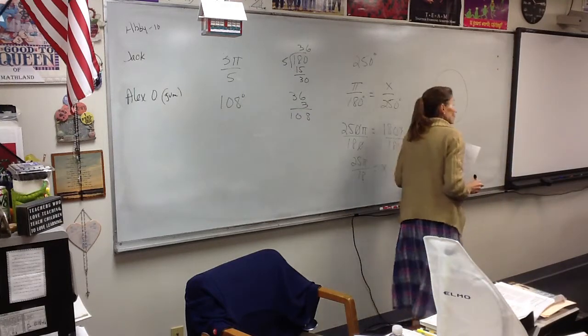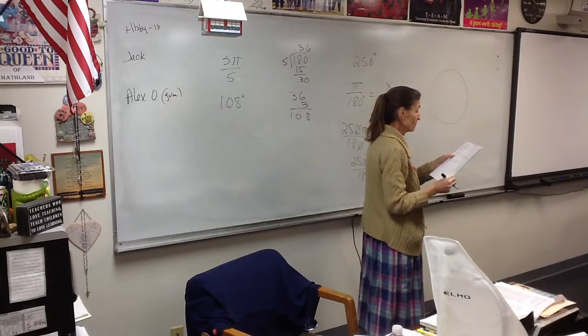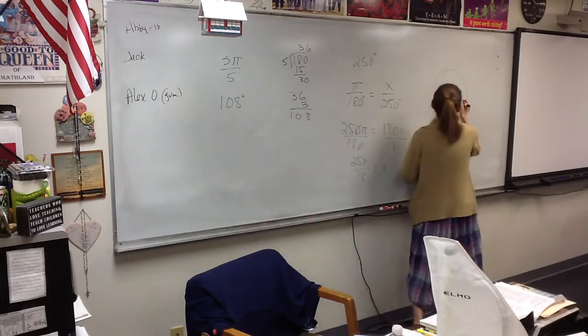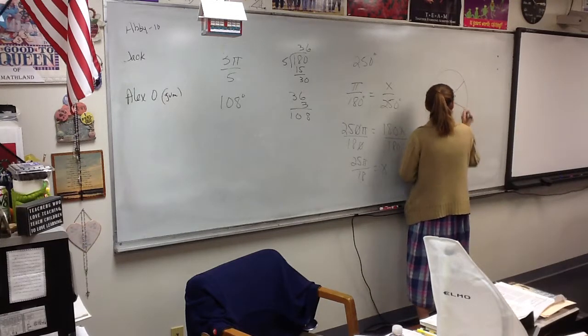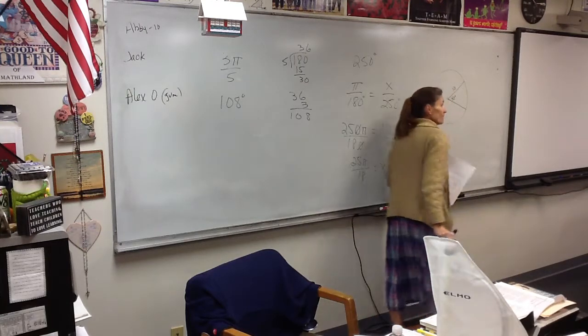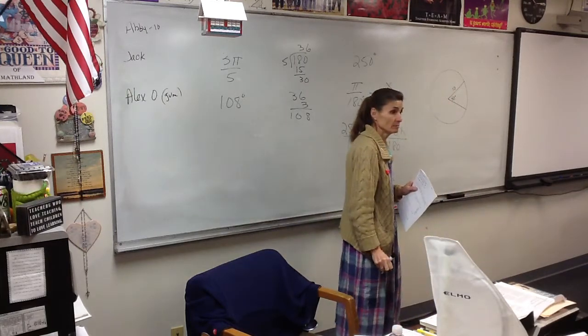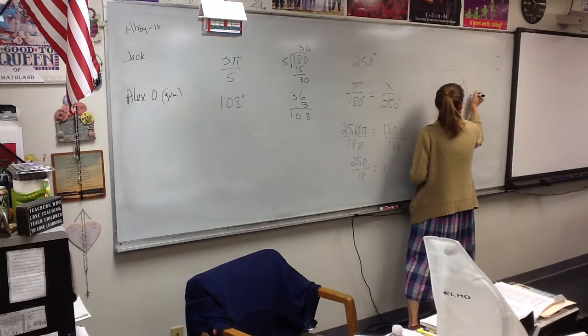Now, for the next one, draw yourself a picture. We have an angle of 40 degrees in a circle with a radius of 10, and we are finding the measure of the arc.